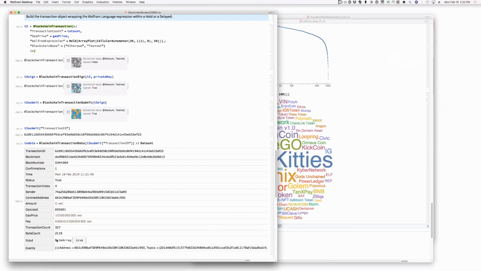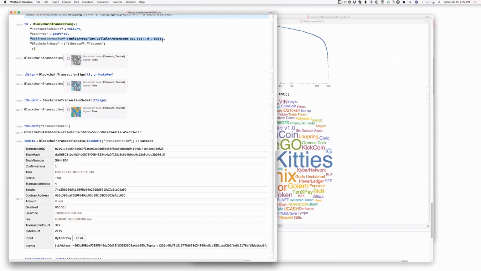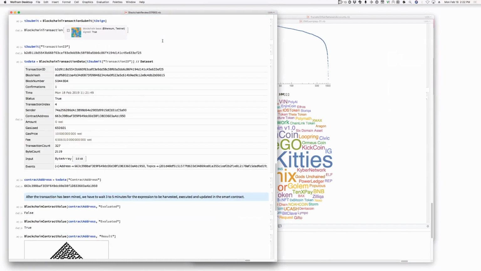And how do we see, wait a minute, where do we see this part of the transaction? That held expression? In the next part of the workflow, when you do blockchain contract value. I see. Okay. It takes a few minutes to be harvested.